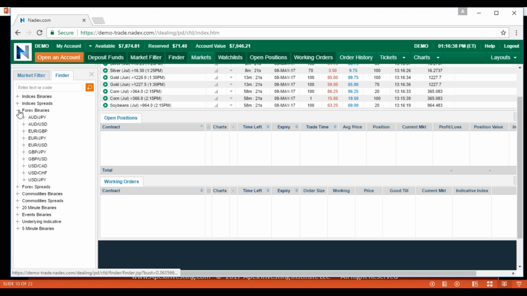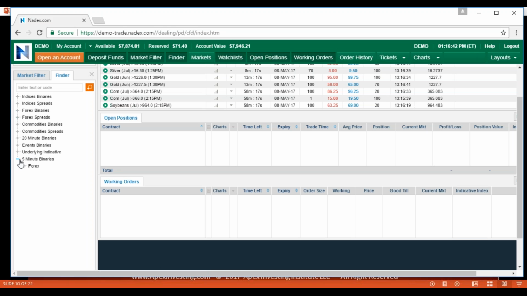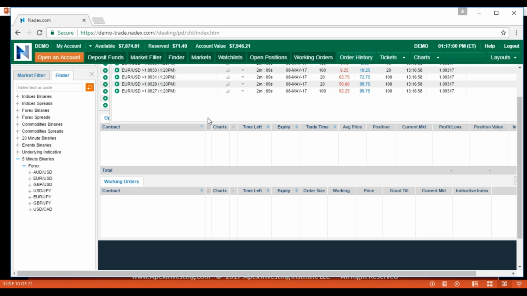Also with certain Forex pairs, if we come down here, we've got 5-minute binaries. These are offered on different Forex pairs. 5-minute binaries are for Forex. They're not on the stock indices and commodities right now, but these expire every 5 minutes.